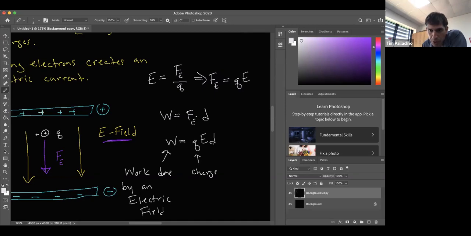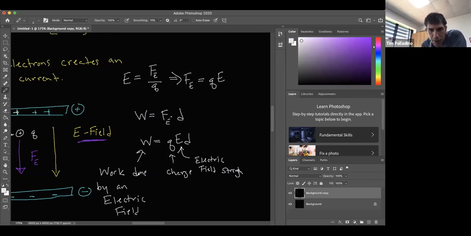So Q is the charge, E is the electric field strength, and d is the distance that you get a charge to move.